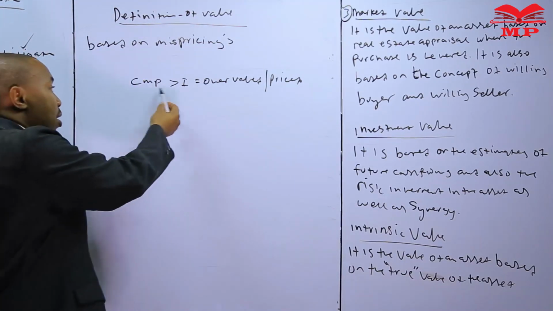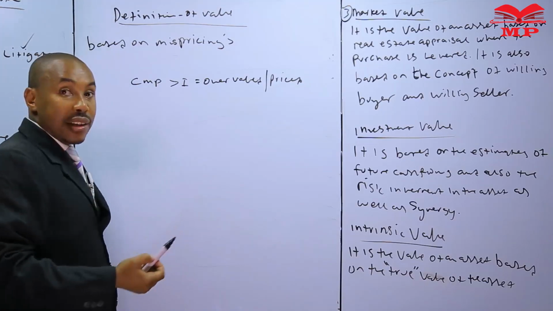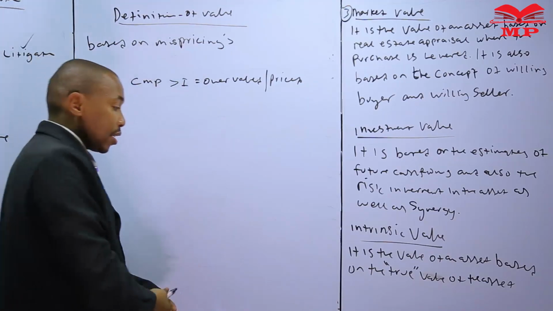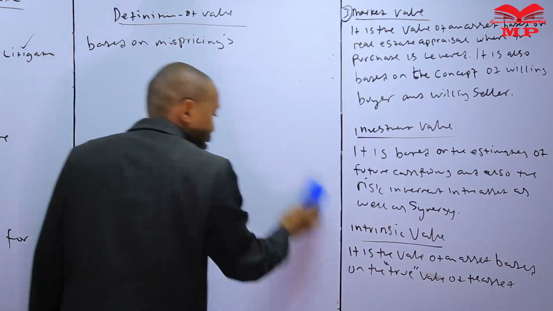So this is the rule of thumb that you as an analyst need to understand: if the current market price is greater than intrinsic value, then the asset is overpriced.